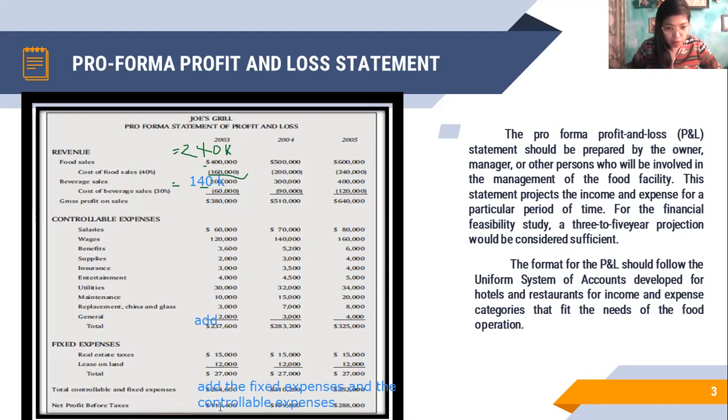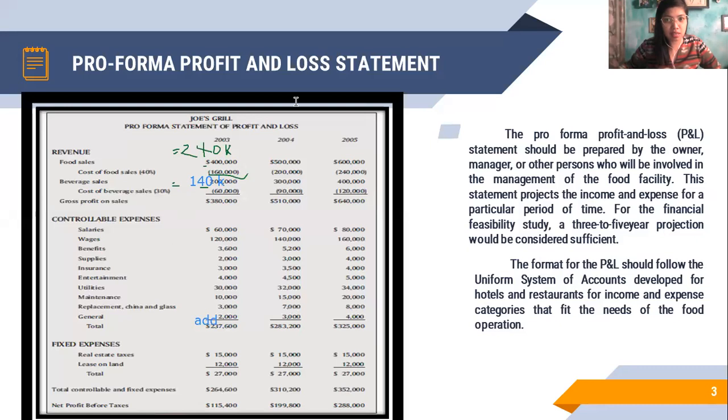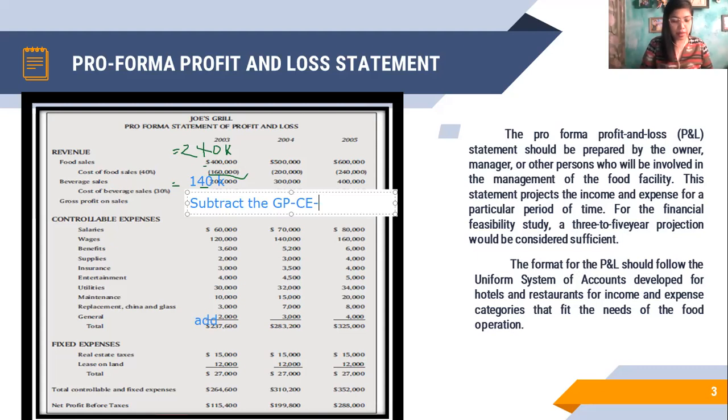And then for the net profit before taxes, in order to get the net profit before taxes, you need to subtract from the gross profit the controllable expenses and then the fixed expenses.